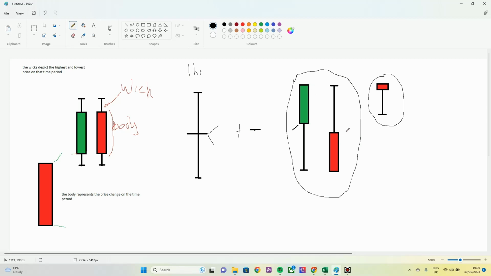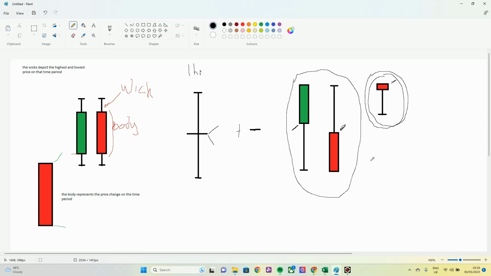And then with this one, because it's red, it started at the top, and it's probably gone all the way up and then come back down again. I'll let you work this one out on your own. Nah, joking. So this one starts here, and it's probably gone all the way down and then back up again to about here.